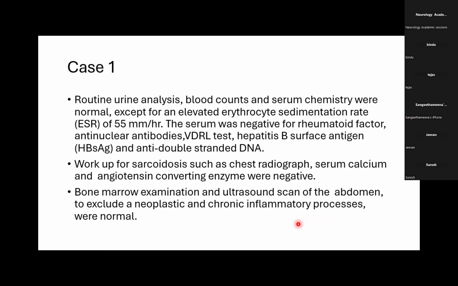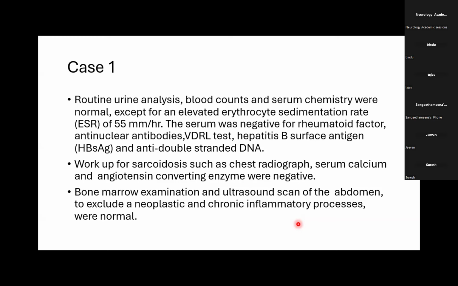Routine urine analysis, blood count, and serum chemistry were all normal, except for an elevated erythrocyte sedimentation rate of 55 mm per hour. The serum was negative for rheumatoid factor, ANA, VDRL test, hepatitis B, and anti-dsDNA. The workup for sarcoidosis, including chest X-ray, serum calcium, and angiotensin converting enzyme, was negative.